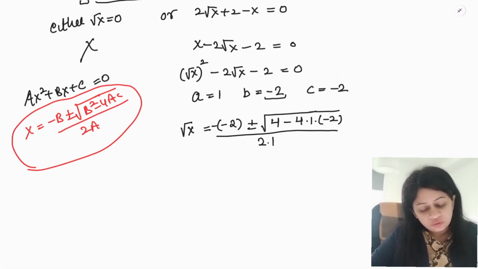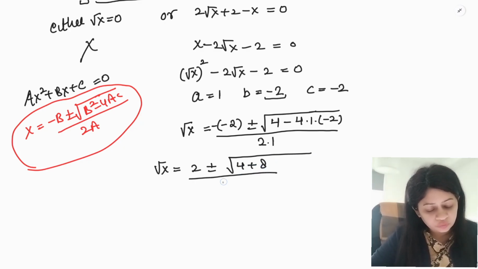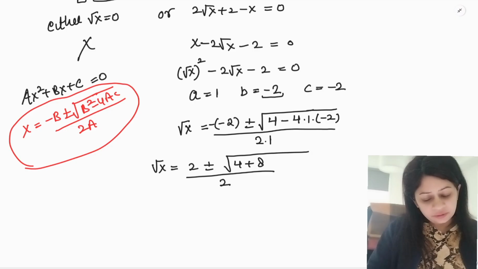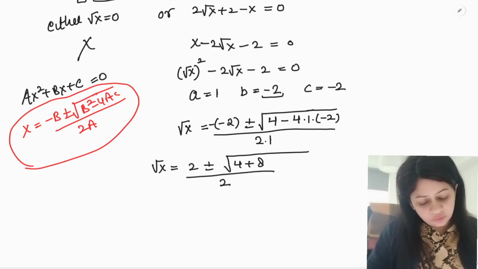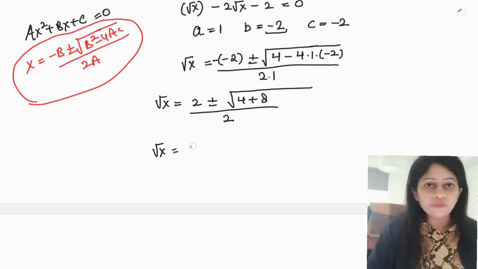So that means root x is equal to 2 plus minus under root of 4 plus 8, by 2. So we get root x is equal to 2 plus minus under root 12 by 2, right?